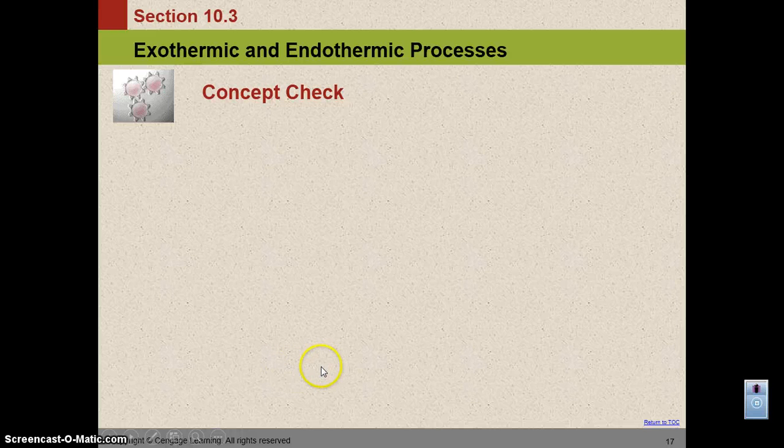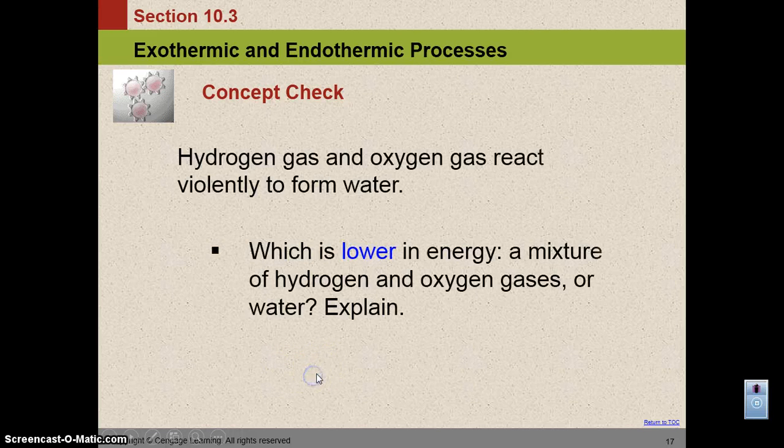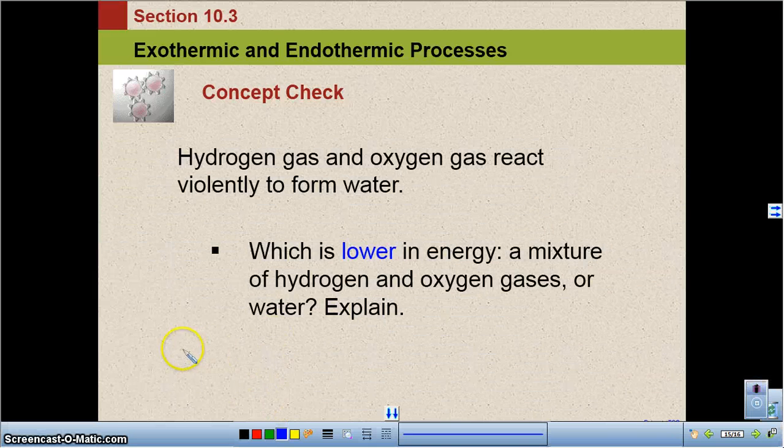The last concept check we're going to look at for this section asks: if we have hydrogen gas and oxygen gas and it reacts violently to form water, which is lower in energy, the mixture of hydrogen and oxygen gases or the water? Let's draw it out here a little bit. You know how good of an artist I am, so we might as well put my skills to use, right?